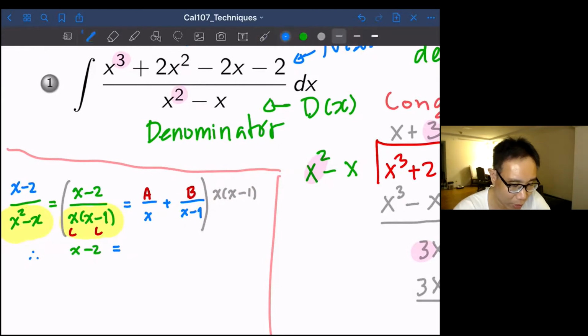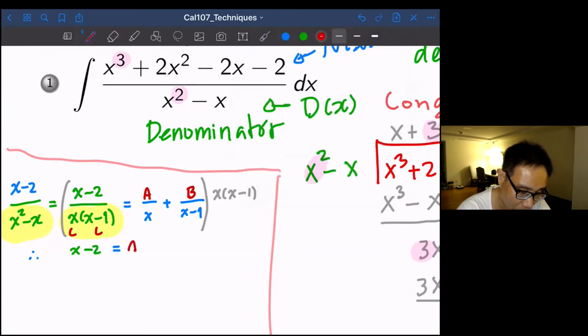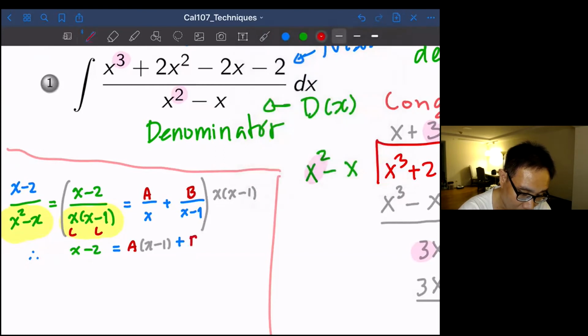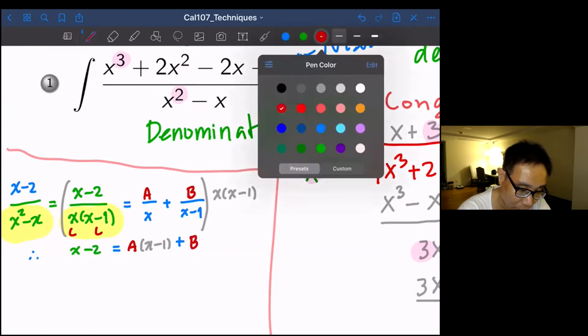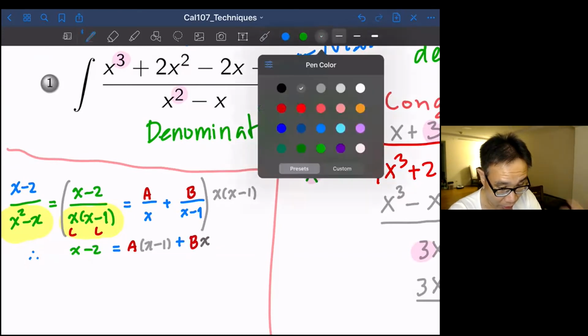So the thing that you're going to get is A. I'm going to use the red color here. So it's going to be A multiplied with x minus 1 plus B multiplied with x.